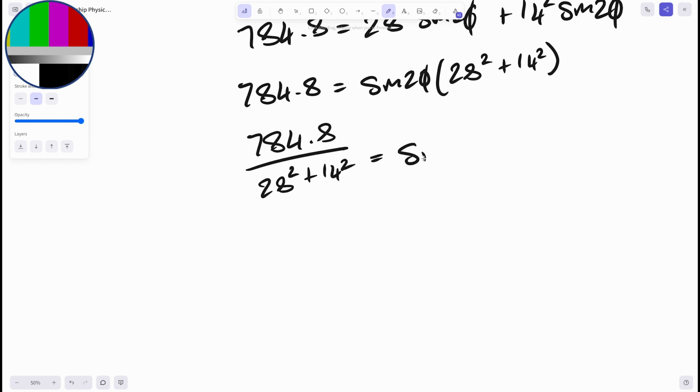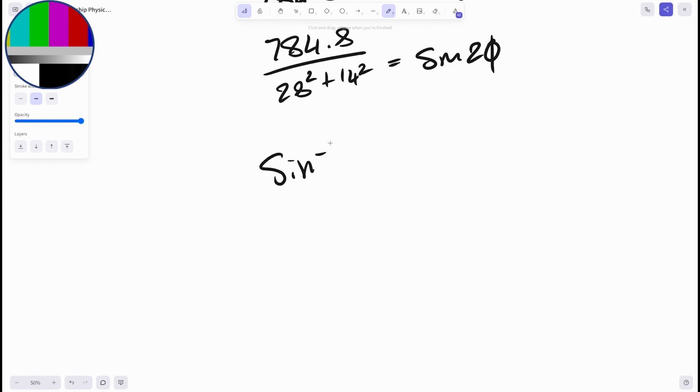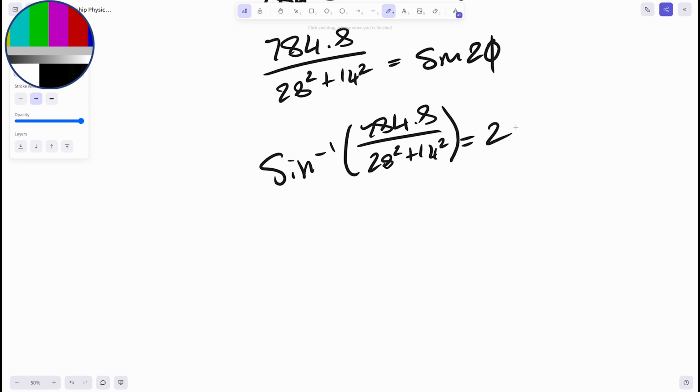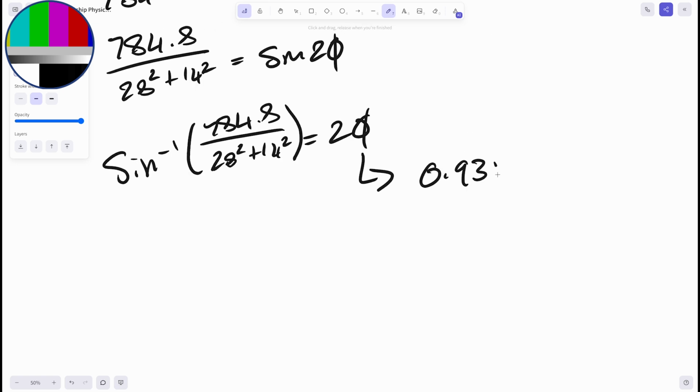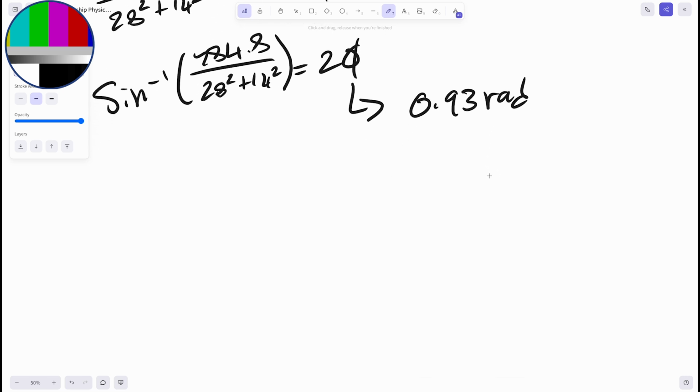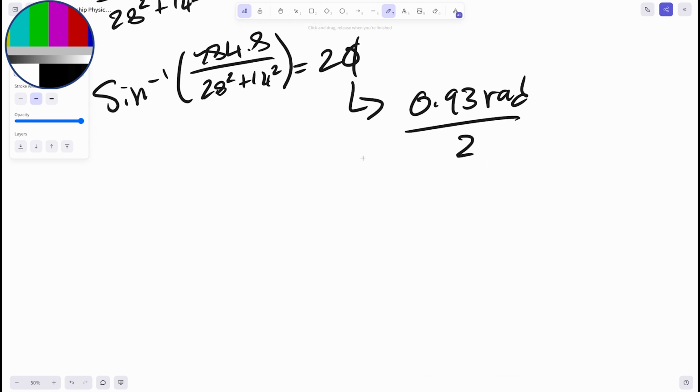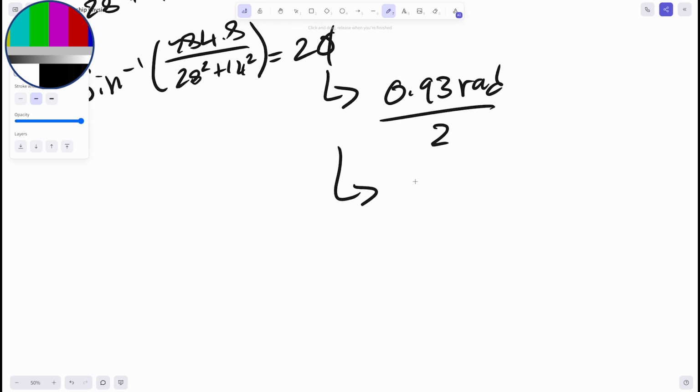And that's equal to sine 2 phi. Therefore, the inverse sine of 784.8 divided by 28 squared plus 14 squared is equal to 2 phi. And this gives a value of 0.93 radians. Now, as that is 2 phi, dividing this by 2, this gives us a value for phi as 0.46 radians.